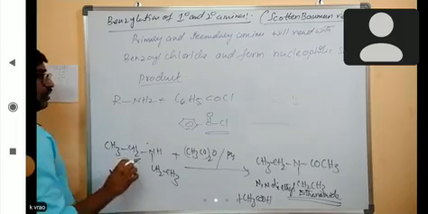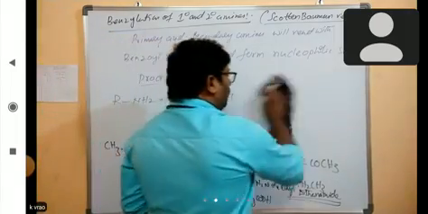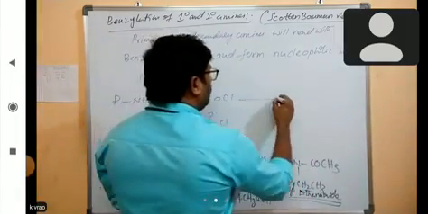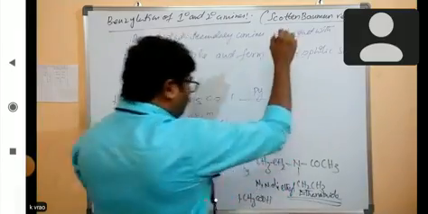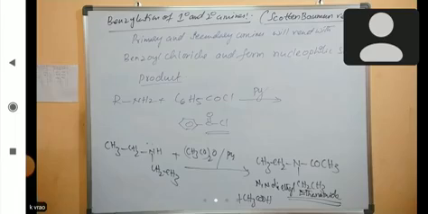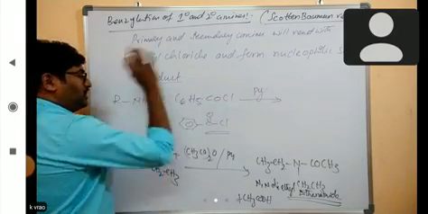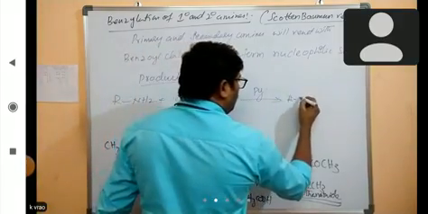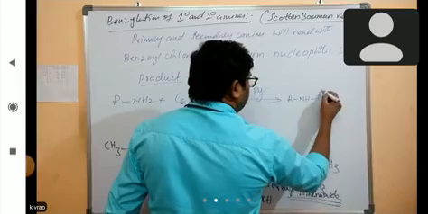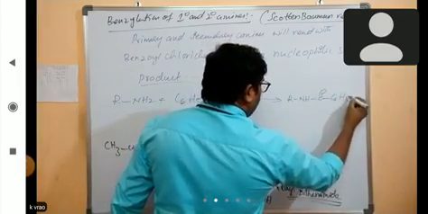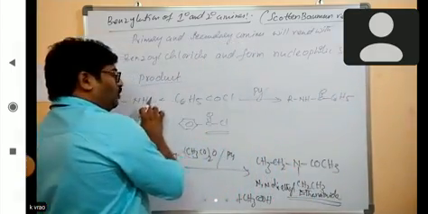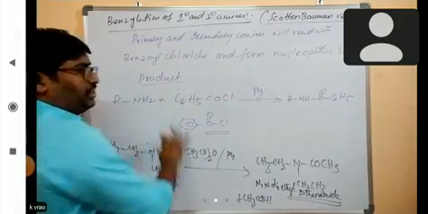In presence of pyridine, it gives RNHCOC6H5. In place of hydrogen, the CO group is attached here.